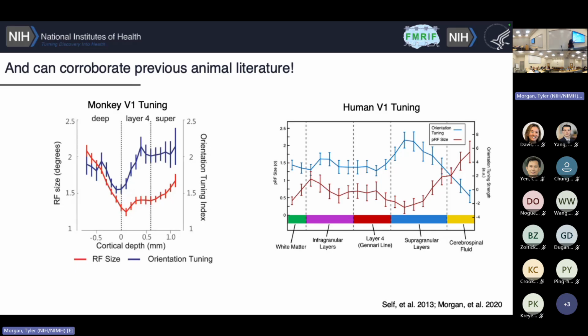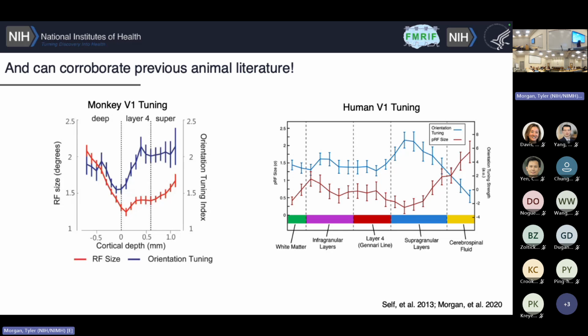And in both cases, so RF size, which is the amount of the world that it can see, it gets smaller as you get towards the middle of cortex. And also, it seems that they don't care about orientation nearly as much in the middle of the cortex either. But they get larger as you go out, and you can see that they care about orientation as well.